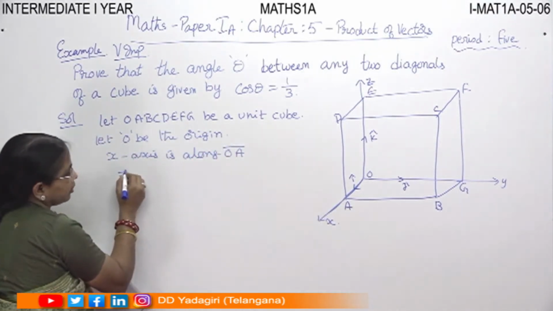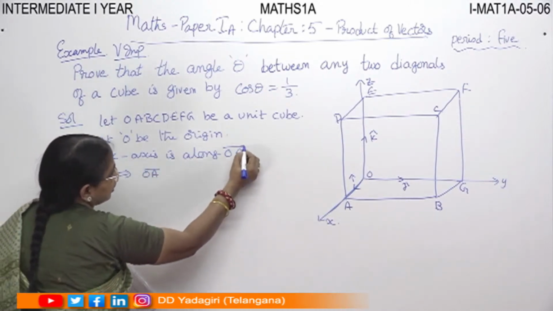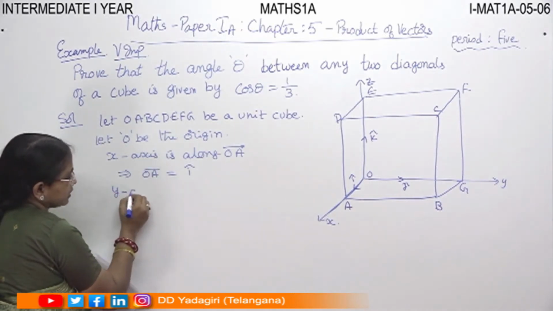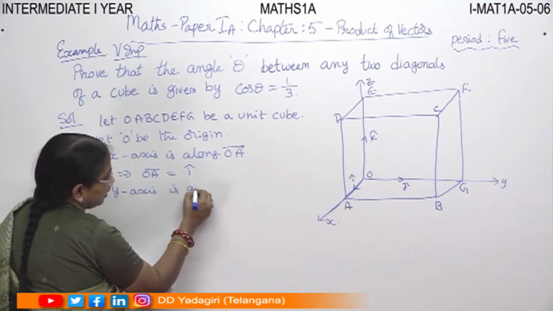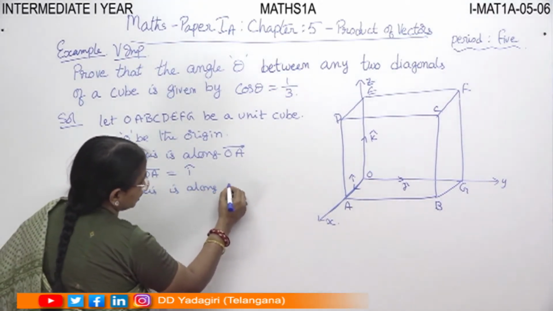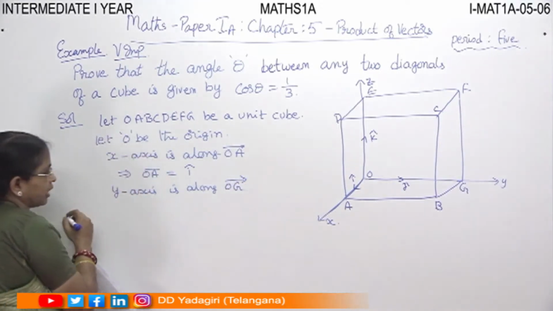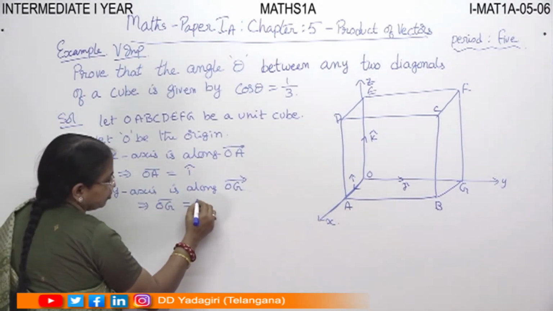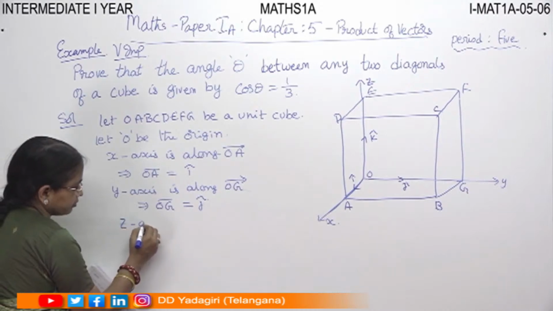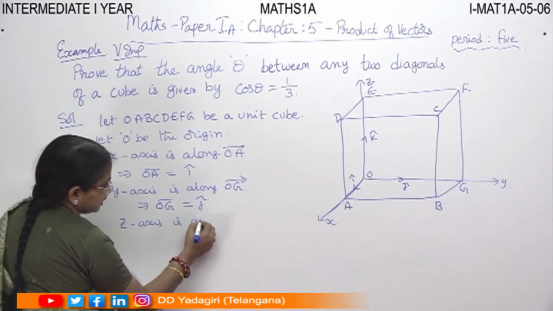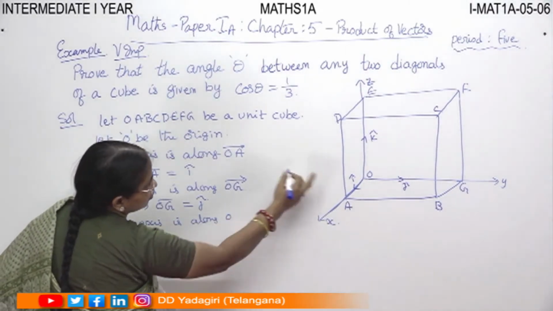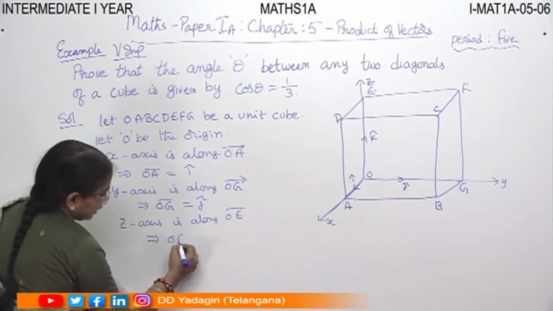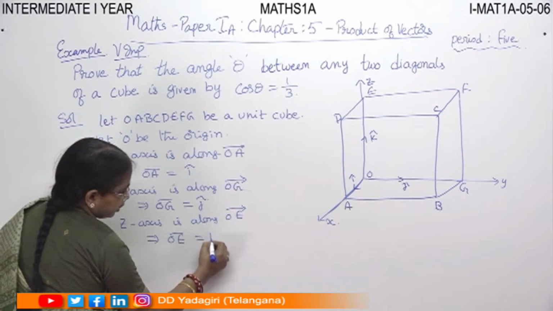So this implies that OA is equal to i. Similarly, the y-axis is along OG, the positive y-axis. So this implies that OG is equal to j. Similarly, the positive z-axis is along OE. So this implies that the vector OE is equal to k.